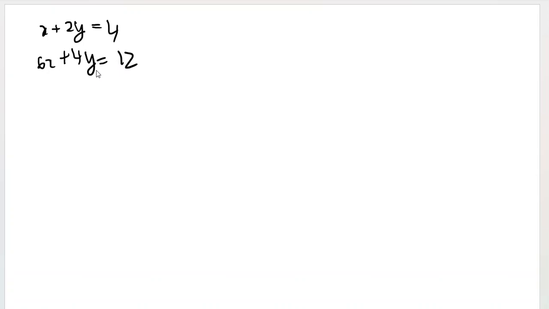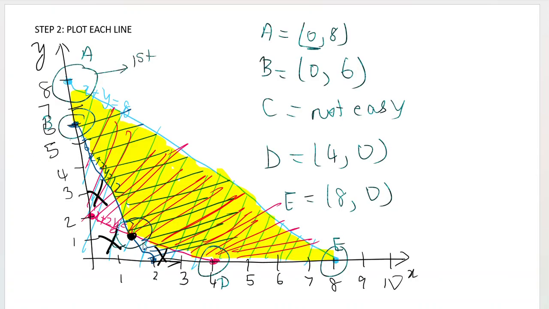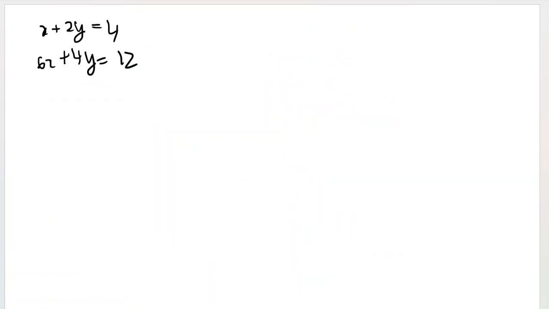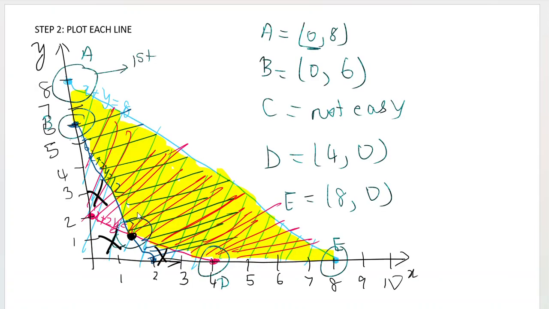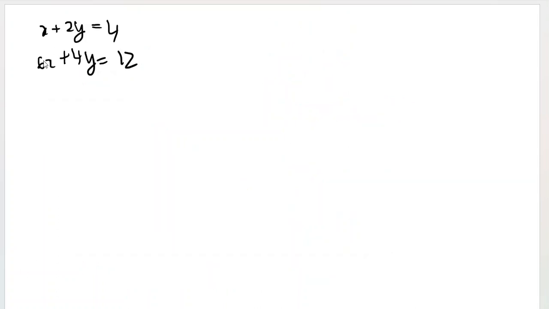So in order to find point C, since point C is the point of intersection of these two lines, we have to solve this by elimination method. Whenever we see a point is the intersection of two lines, we have to solve the equations by elimination method.